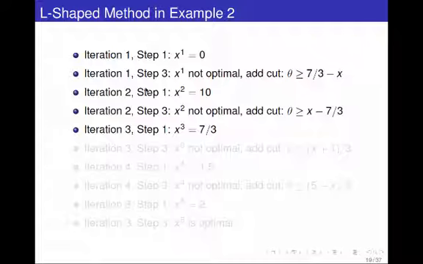I want to say that this should be 5, because these two are symmetric. 7/3, I may have made a typo here, but I would expect this to be 5. Do you see why I'm saying that? You have symmetric cuts here, and you're playing between 0 and 10.